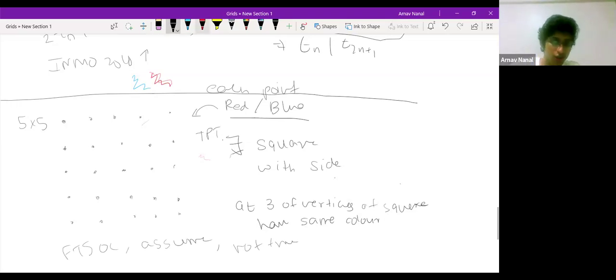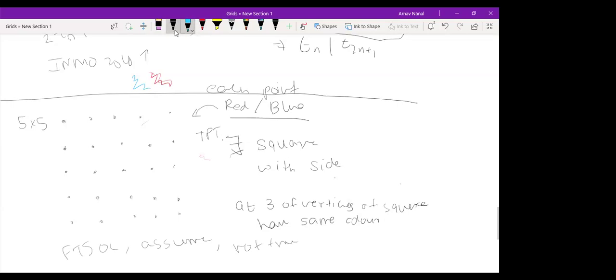The advantage of this is that if you find some square whose two vertices you know are red, then you can clearly say that the other two vertices are blue, or vice versa. Let's start with the corner squares.